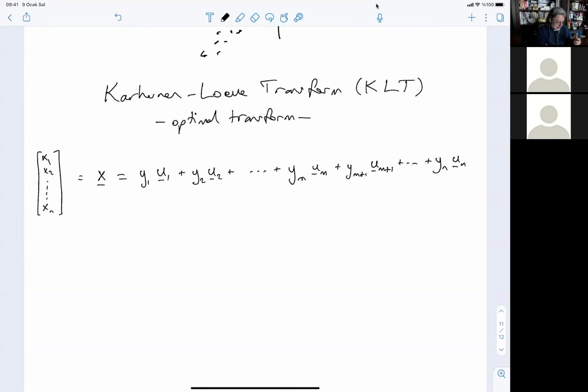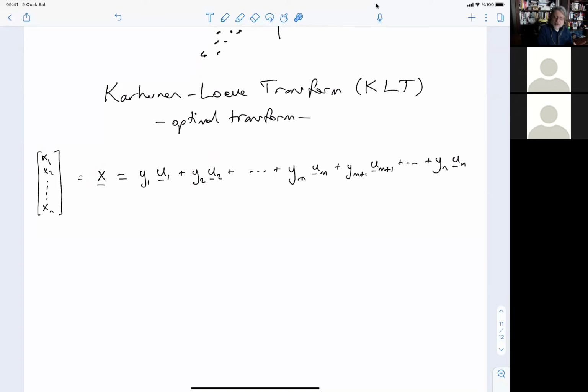If these U's are orthonormal basis, then every one of these Y1, Y2, etc. can be obtained by, for example, taking the inner product of X with U1 will give you Y1. Taking the inner product of X with U2 will give you Y2, etc.